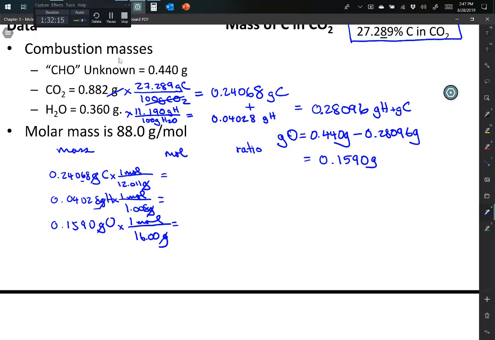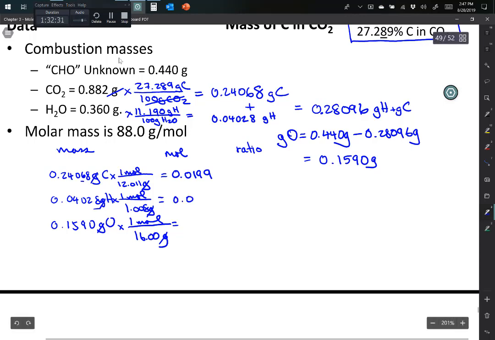So somebody give me the moles. Okay, what's the second one? It's 0.0399. Yeah, and then what's the last one? What'd you get?